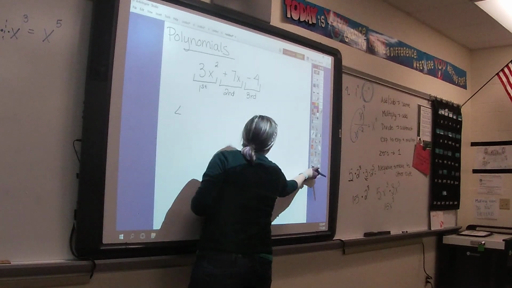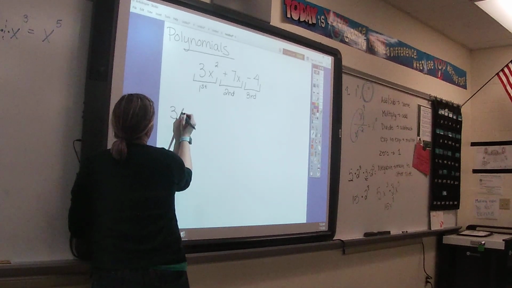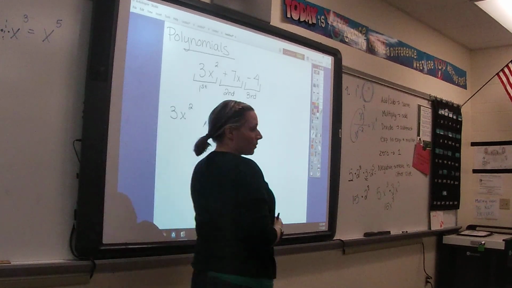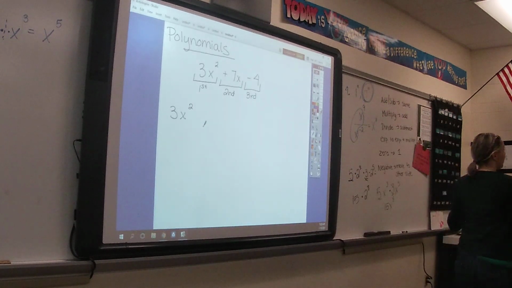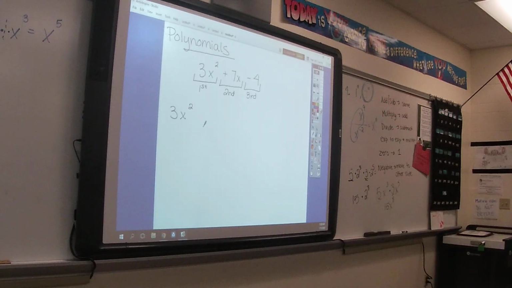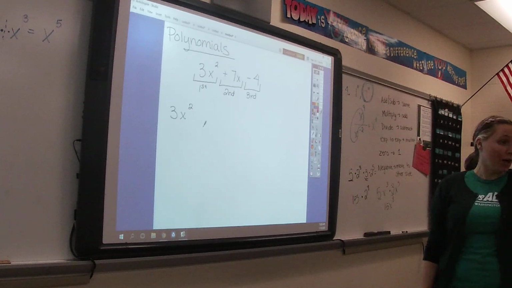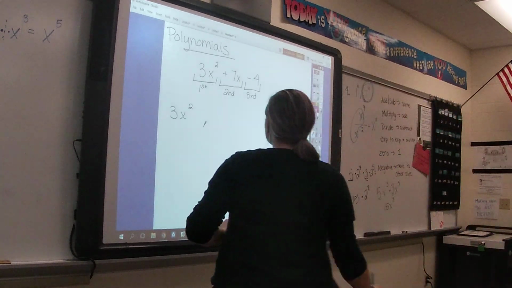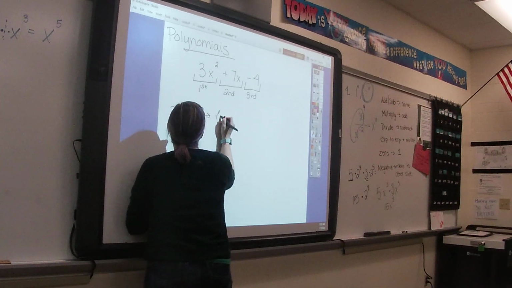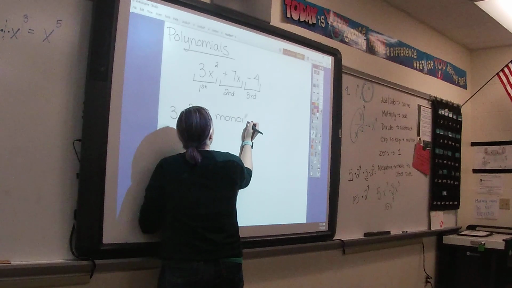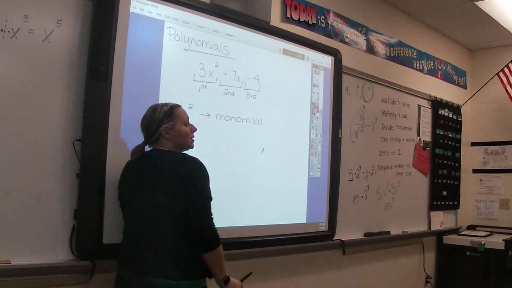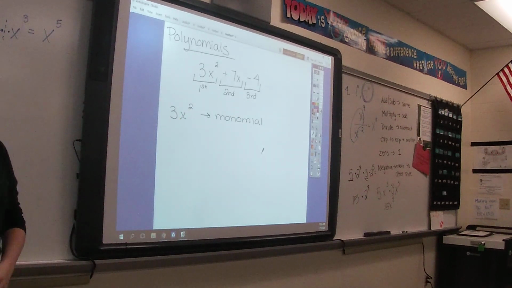When there is only one piece, which is what we have been looking at basically for the last week, when we don't see anything being added or subtracted, when there is only one term, the fancy word that this gets is a monomial.